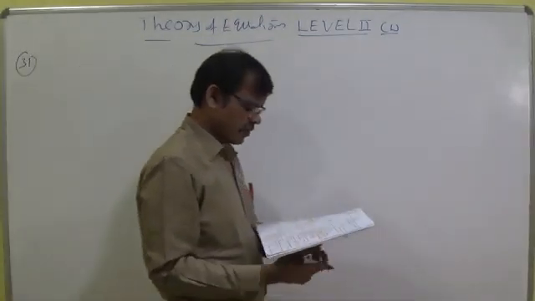First question: alpha 1, alpha 2, alpha 3, and so on up to alpha n are the roots of x power n plus ax plus b is equal to 0.